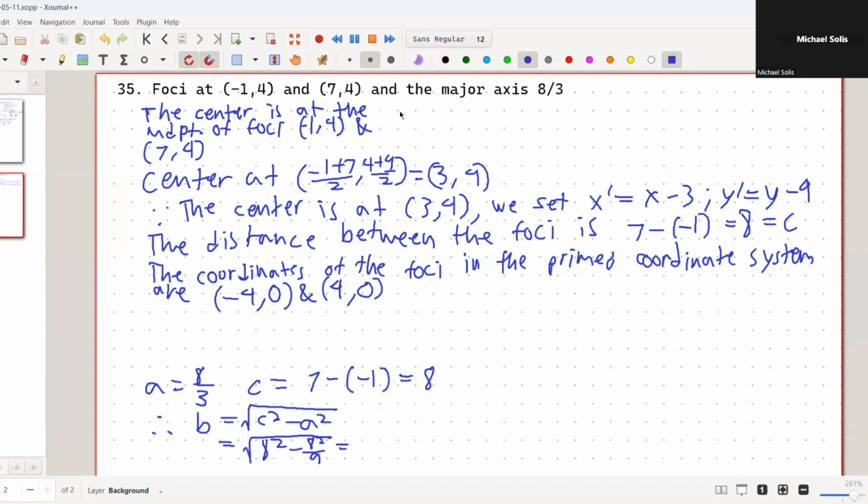Okay, ngayon, yung suggestion ko, every sentence, pagkatapos ng the center is at, we set yung transformation equations, make a space. So move yung... so yung the distance between the foci is 7 minus negative 1 equals C. That's not C. Yung C is not the distance between the foci, di ba?